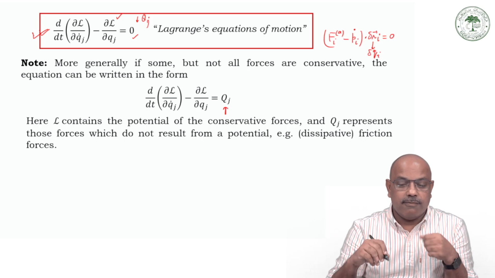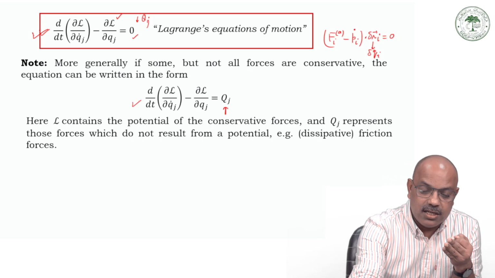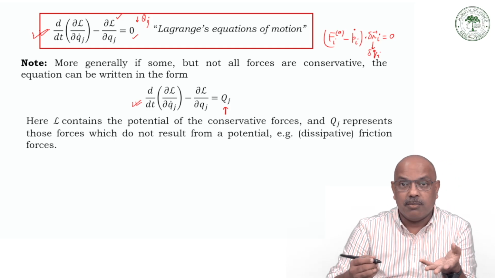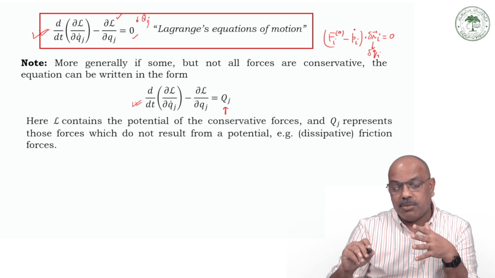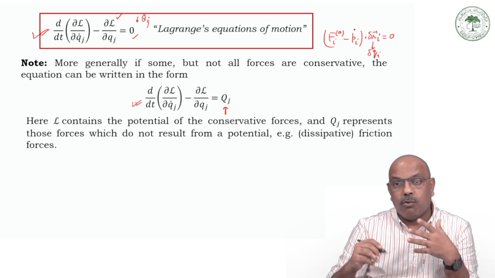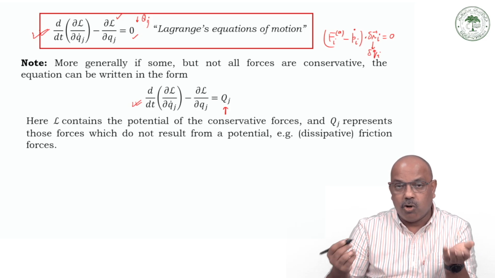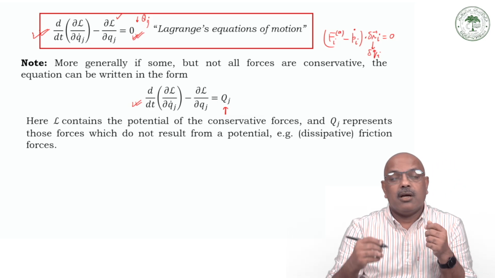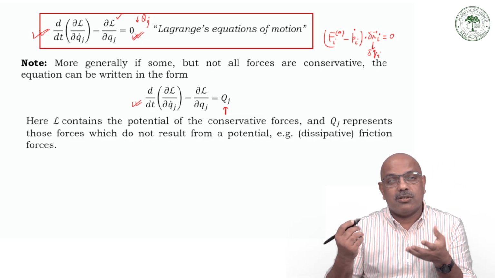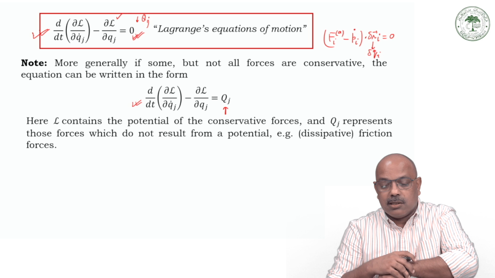If there are dissipative forces in the system, then I have to use this to work out the mechanical system under constraint. If there are no dissipative forces and we are only concerned about conservative forces, then this equation is well enough to calculate the equations of motion of the mechanical system.